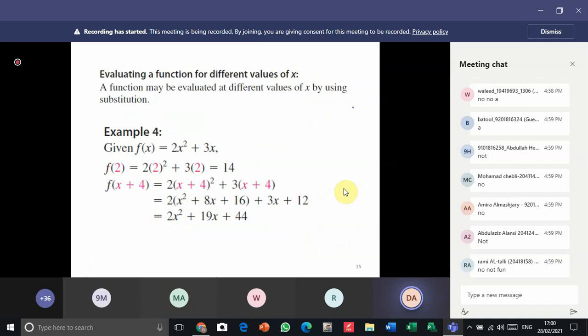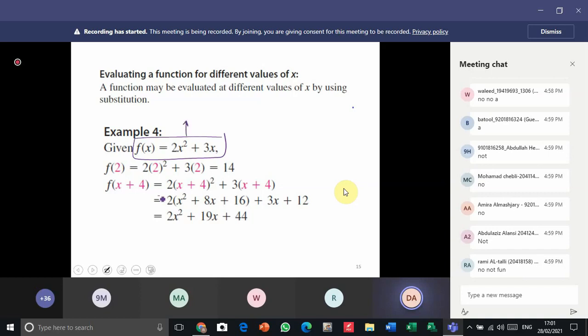Now, we can substitute any value or another variable into the function. For example, look at this. We have f of x. We can substitute 2, minus 2, minus 100, 0, minus half, 3 over 2, radical 5. Any value we can substitute in this f of x.